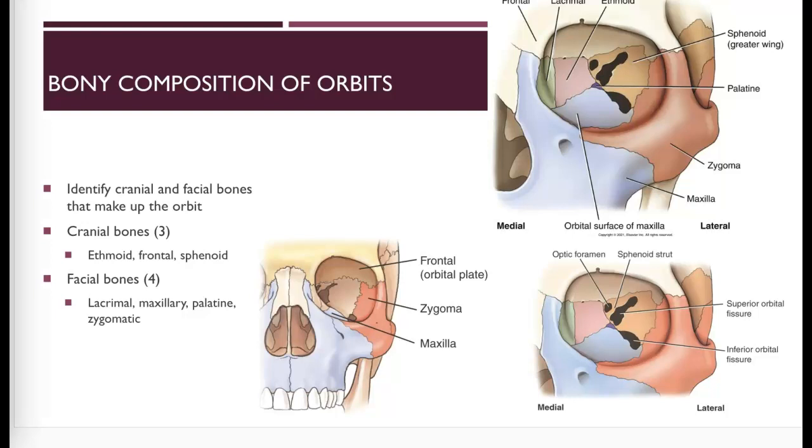Last thing I want to talk about is the openings in the posterior area of the orbit. We have 3 different openings, as you can see in the picture on the right and the bottom. We have the optic foramen, which is a small hole in the sphenoid bone. The optic nerve passes through here. The supraorbital fissure, which is the opening between the greater and lesser wings of the sphenoid.